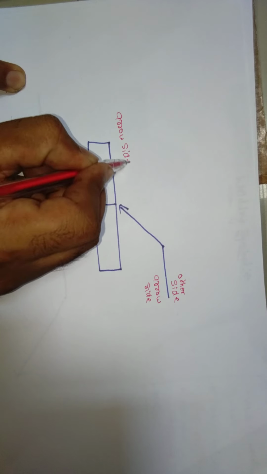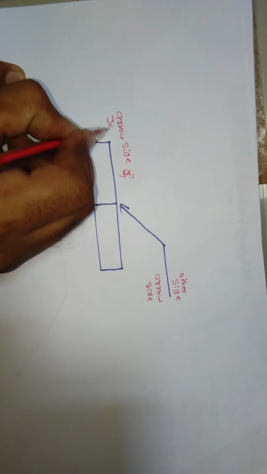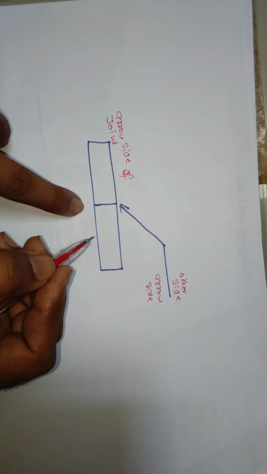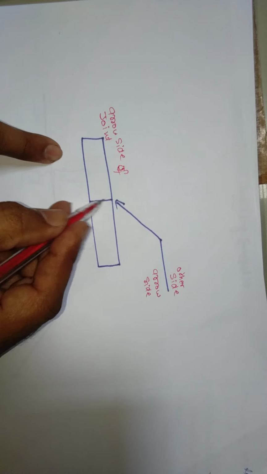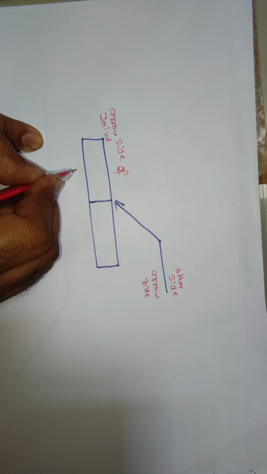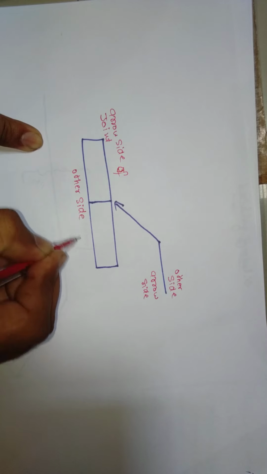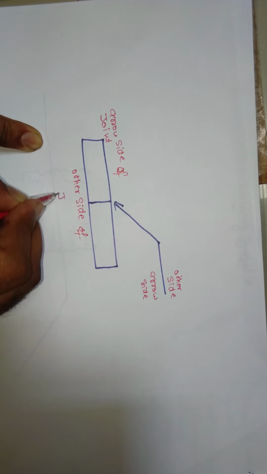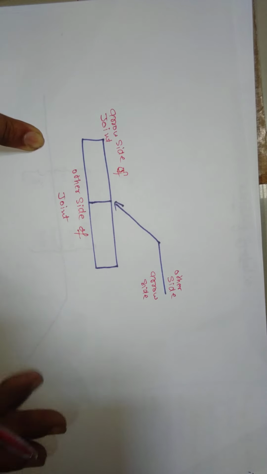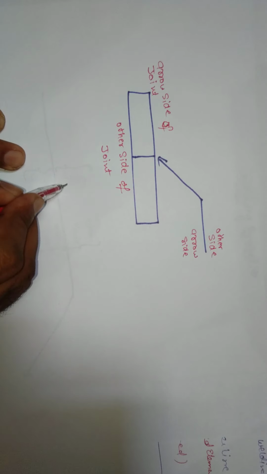Arrow side of joint, and the opposite side of arrow side of joint is known as other side of joint. Now let's take another example of a lap joint.